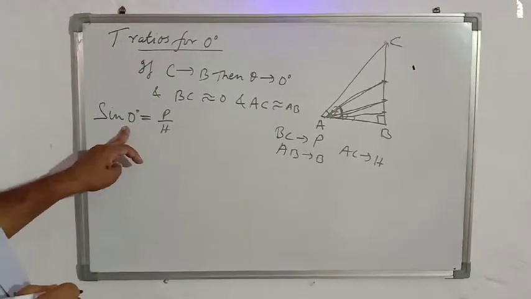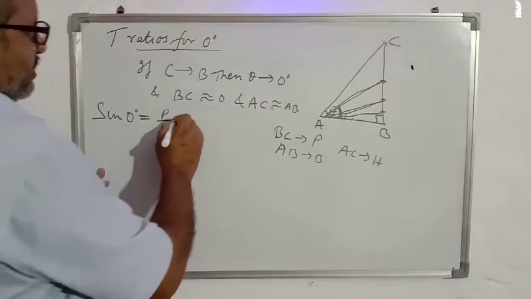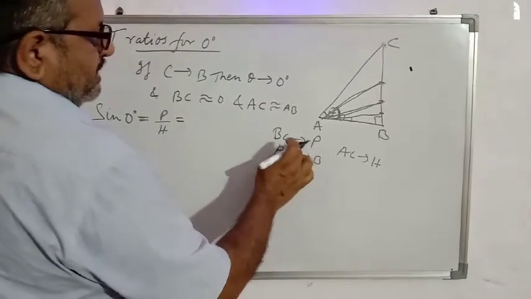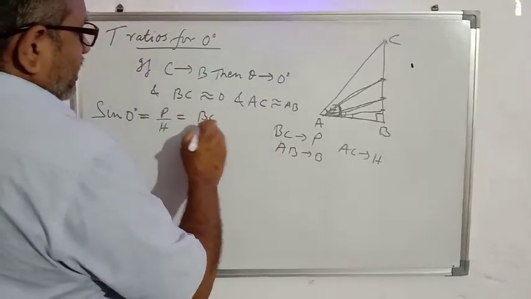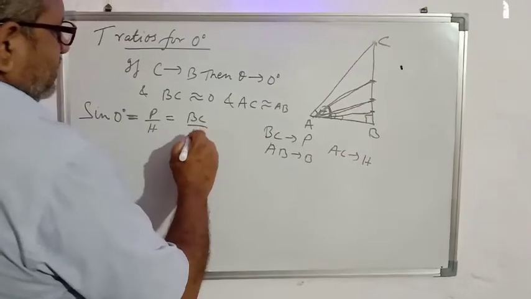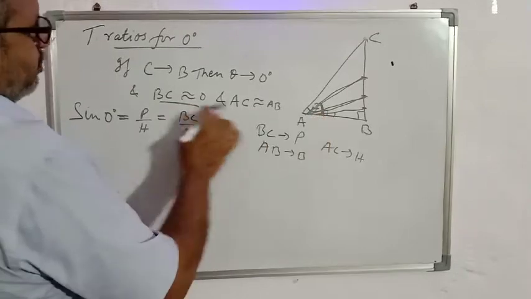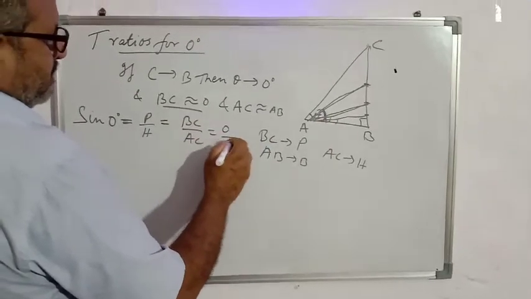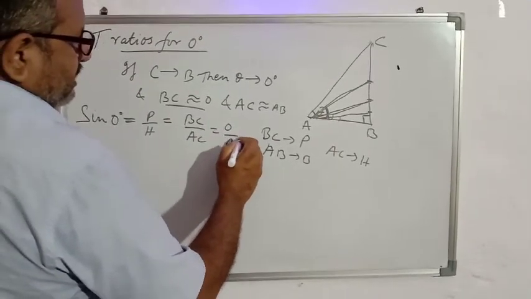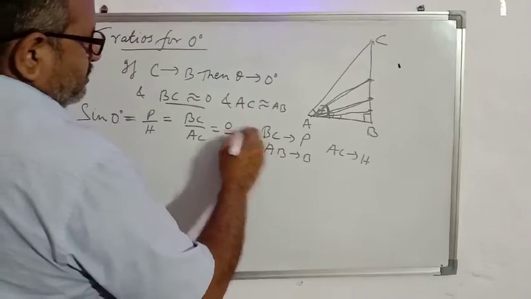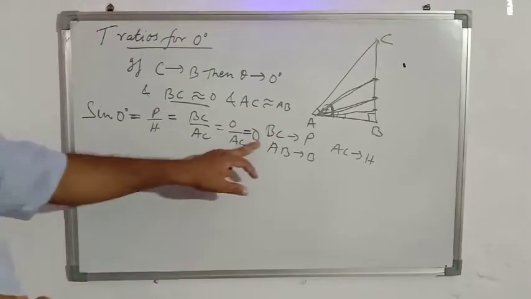Sin 0 is perpendicular by hypotenuse. What is perpendicular? BC. And hypotenuse? AC. If theta is 0, what is BC? BC will be 0. So 0 by AC will be equal to 0. So the value of sin 0 is 0.